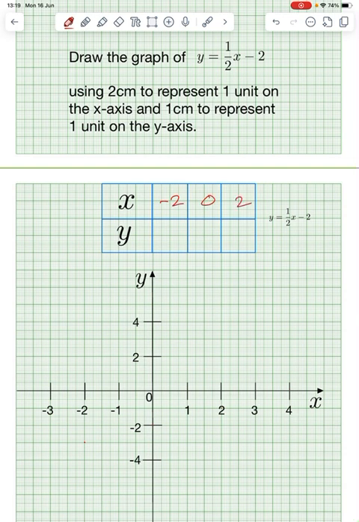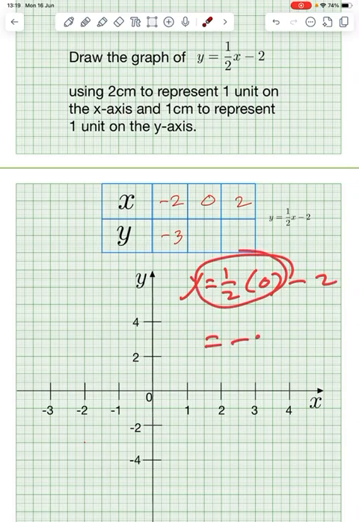So what we have is y equal to half, x is negative 2, minus 2, so this one gives you negative 1. Negative 1 minus 2 gives you negative 3. If it is 0, oh lovely, you can cancel off everything, minus 2, so your y is negative 2.